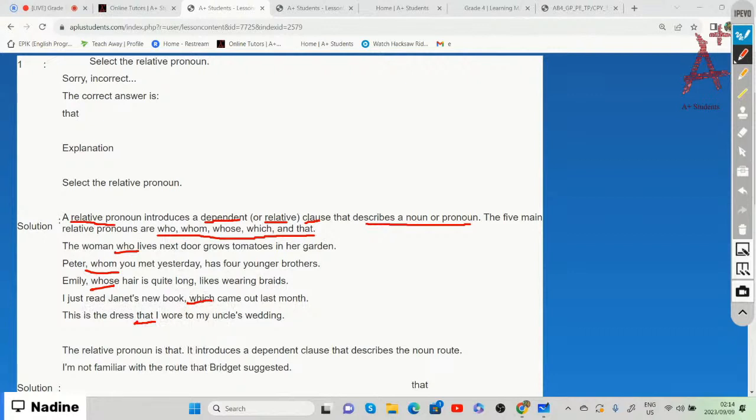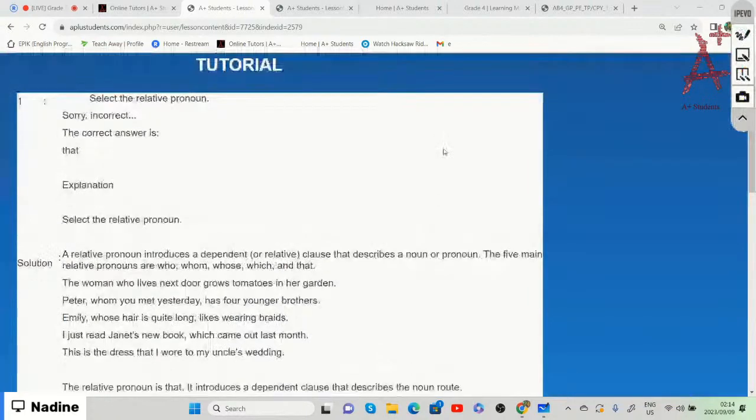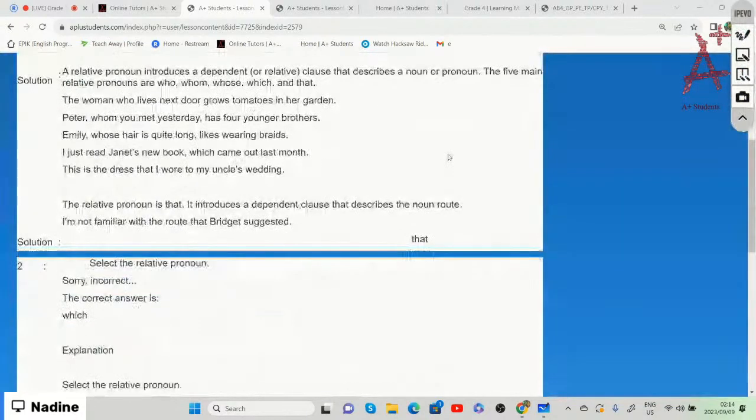So these are the relative clauses as well as the examples. So now we are going to identify the relative pronouns. If we look at the sentence that says, I am not familiar with that route that Bridget suggested.